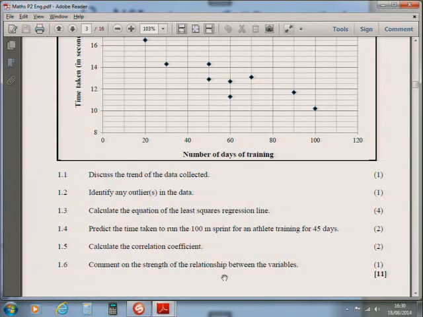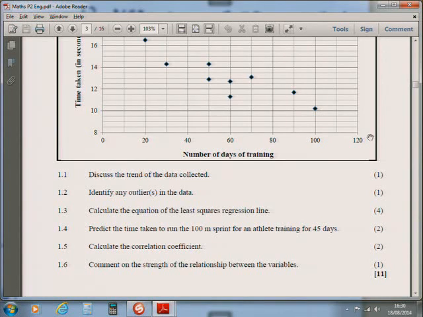And the last question, number 6, is comment on the strength of the relationship between the variables. Now already we agree the gradient was negative. We can see here it's a negative association. Do you see the set of data here? Can you realize that? Good.